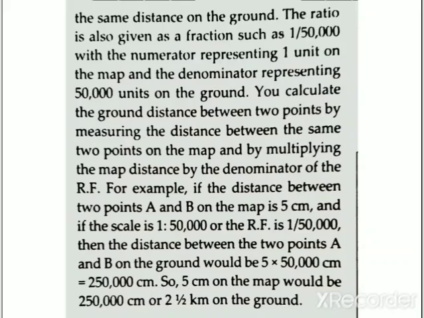You calculate the ground distance between 2 points by measuring the distance between the same 2 points on the map and multiplying the map distance by the denominator of the RF.